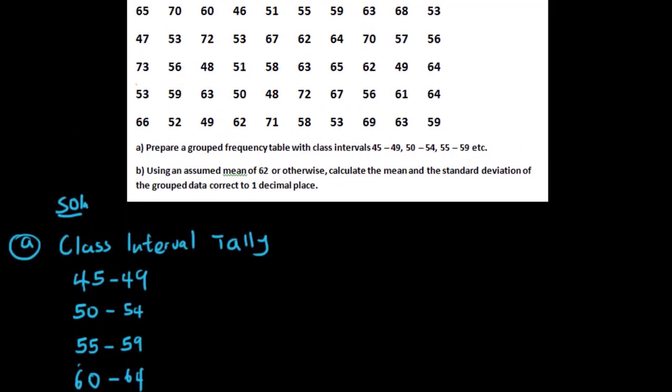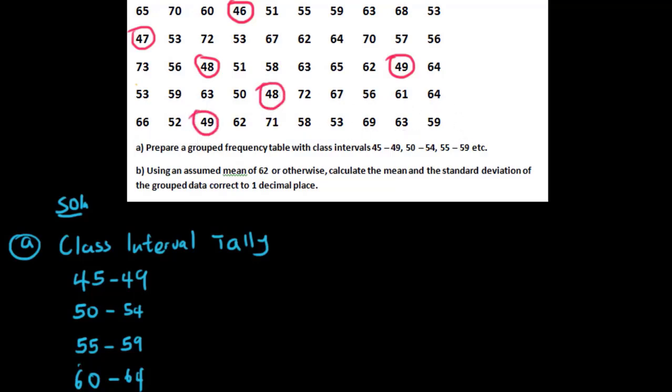So the first interval is 45 to 49. I'm trying to look for numbers within this range, 45 to 49. Let's go. Alright, so 45 to 49, I have 1, 2, 3, 4, 5, 6.